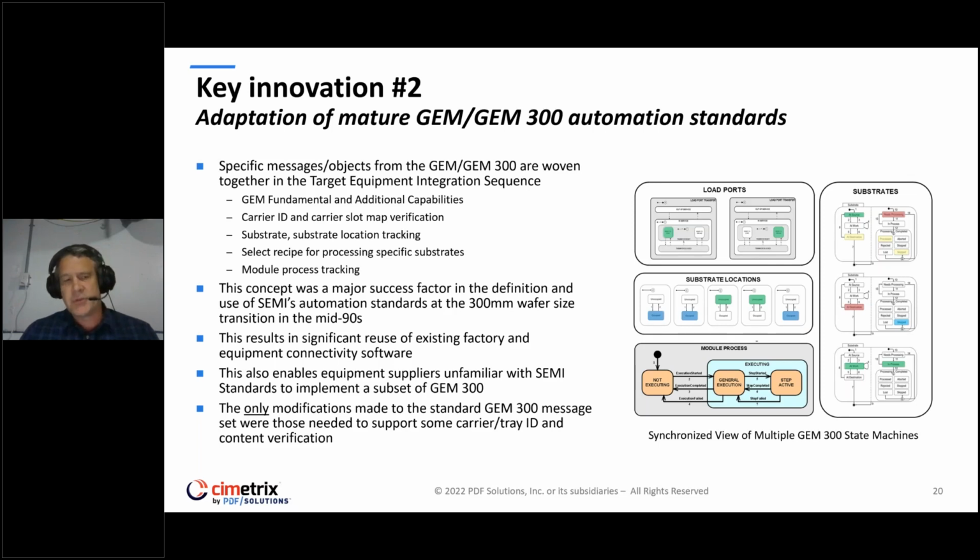And there's equipment suppliers that provide equipment to front end and back end factories, both. So by adapting these standards and requiring them and showing you how to implement them, this allows for a significant reuse of software and technology on the factory side and on the equipment side both, and allows for expertise to be shared between these manufacturing groups, which just makes sense.